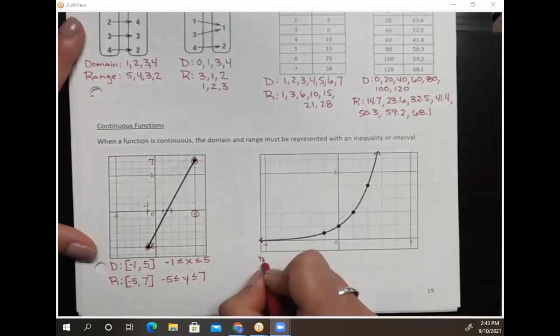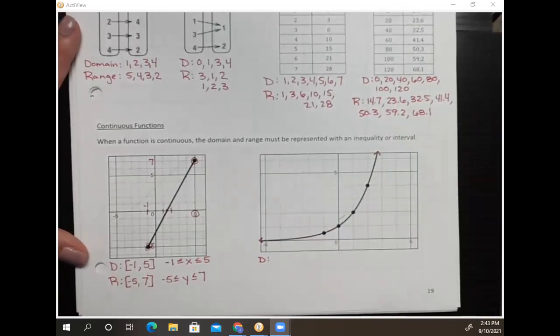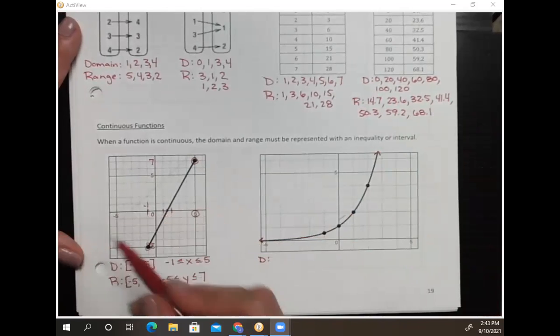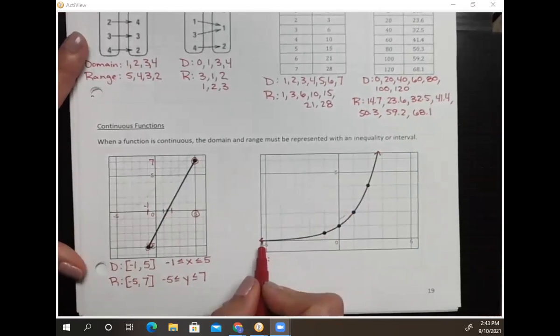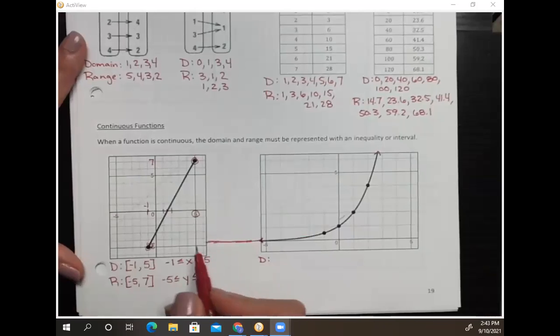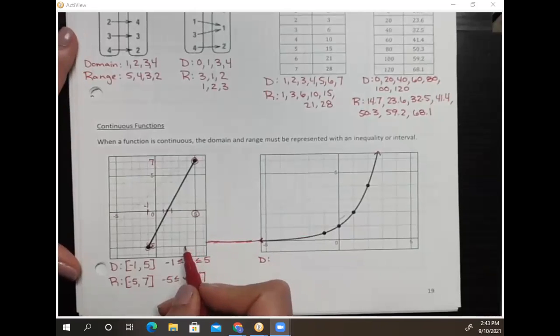So when I talk about my domain, remember that's my x values. So I want to start with the point that would be farthest to the left. Now, again, remember that this continues. So this is going to keep going. If it keeps going forever, do I have a point that's farthest to the left?